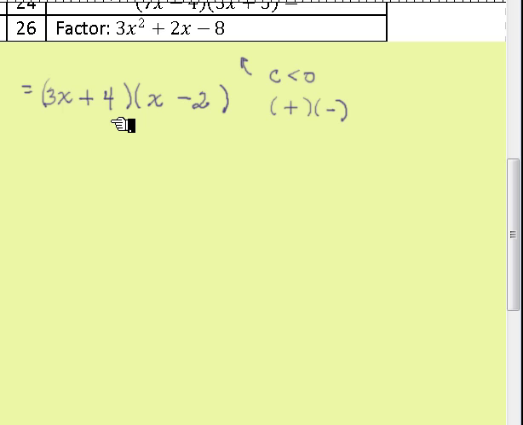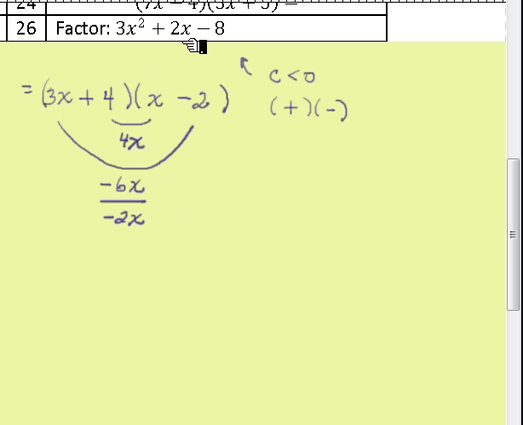And now we must see if we have the correct middle term. So let's try outer and inner. Here we get 4x, and here we get minus 6x. Add these and we have minus 2x.